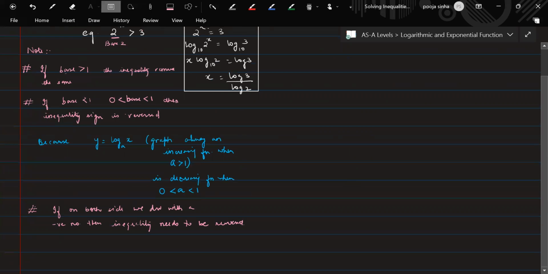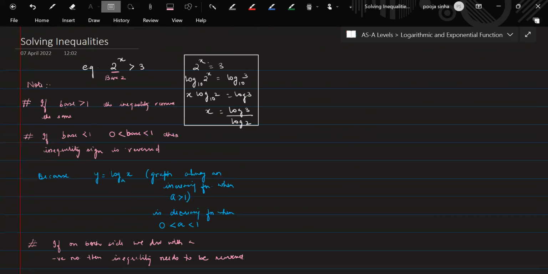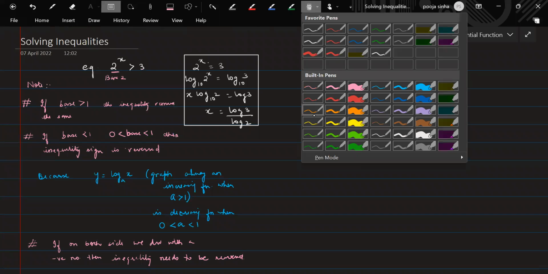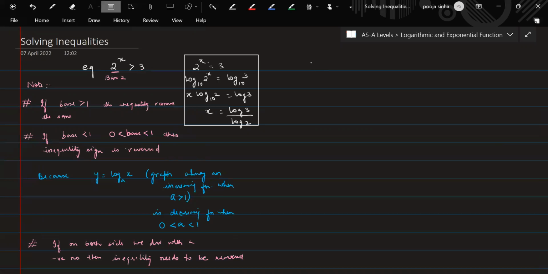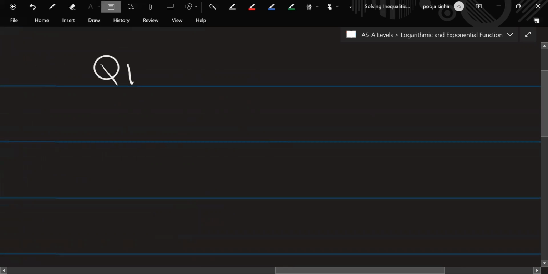Yeah. Now, basis these, we are going to talk about some questions. If you have understood the previous stuff, most of it, you will be able to understand this also. So your first question is, how will you solve 0.6 raised to power x is less than 0.7?